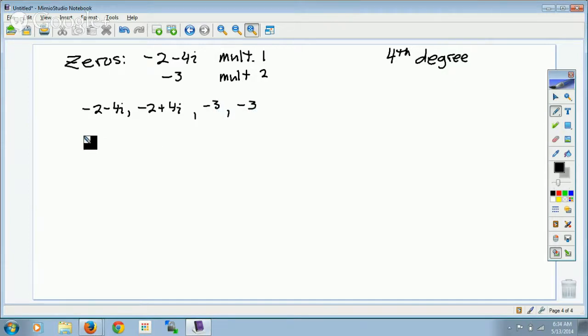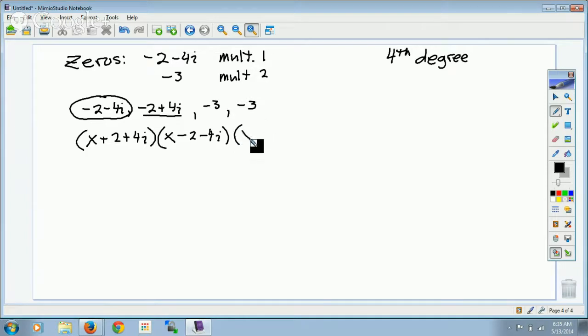So the factors here are always x minus the 0. So if I subtract this 0 right here, the subtraction will distribute through, canceling signs, so that will be x plus 2 plus 4i. So that's its factor. The next one's factor is going to be x minus 2 minus 4i.